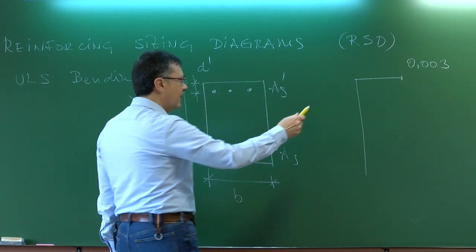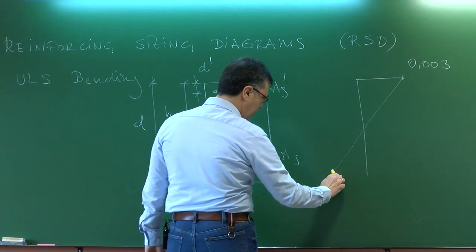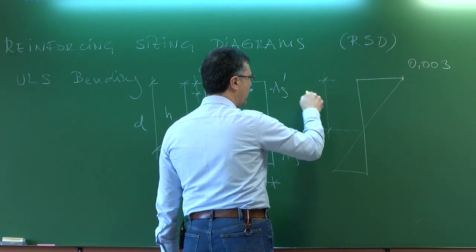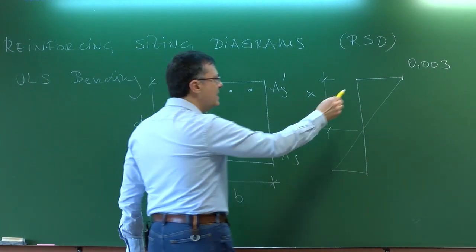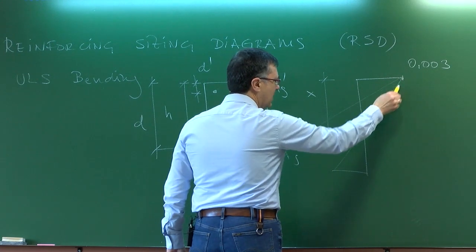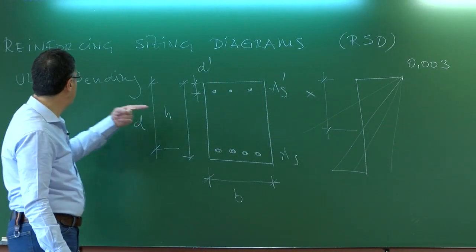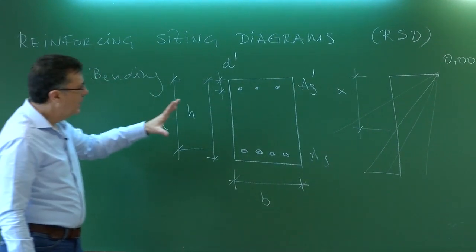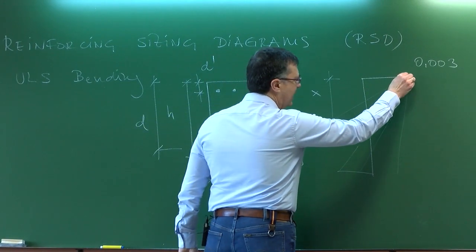And then let's do a general strain distribution. This is x, the depth of the neutral fiber. Any of these planes are capacity planes, all of them are the ultimate limit state of bending, but we are going to work with the generic one.